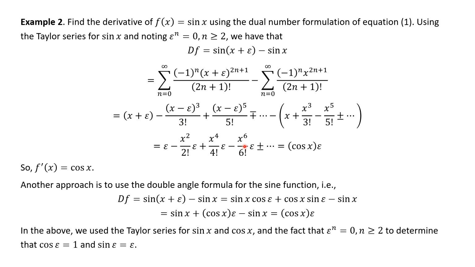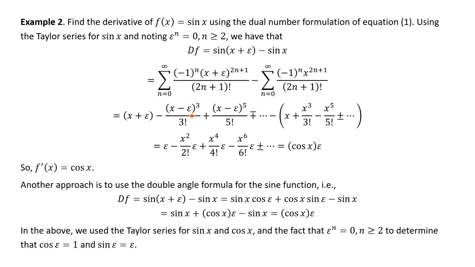Okay, so let's quickly review how all these things cancel to give us what's here. You notice the x and the x cancel, and then the first term in this expansion is x cubed over 3 factorial, and you have a plus version of that here, so they cancel. Then the first term of this is x to the 5th over 5 factorial, and that cancels with this. All those terms cancel out. In fact, this whole thing cancels out with the first term in each one of these.